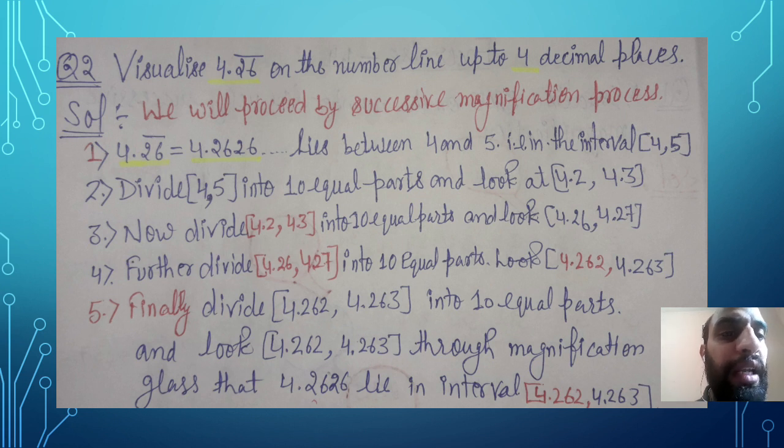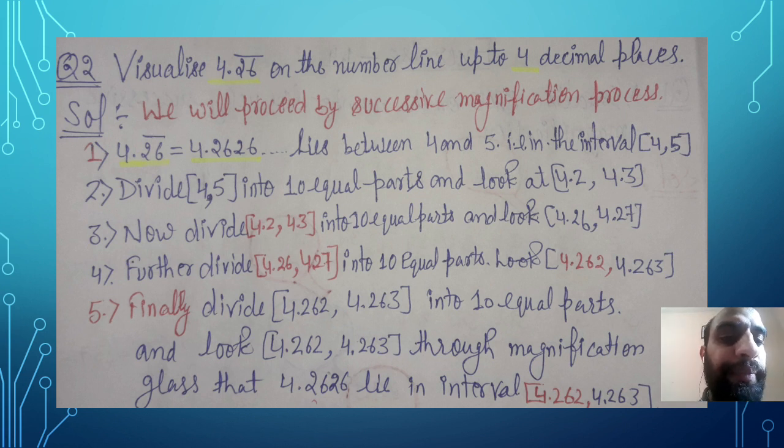You can write it in this way: lies between 4 and 5, in the interval 4, 5. Next step, divide 4 and 5 into 10 equal parts. Then look at 4.2 and 4.3 in between. Then divide once again 4.2 and 4.3 into 10 equal parts and look at 4.26 and 4.27.